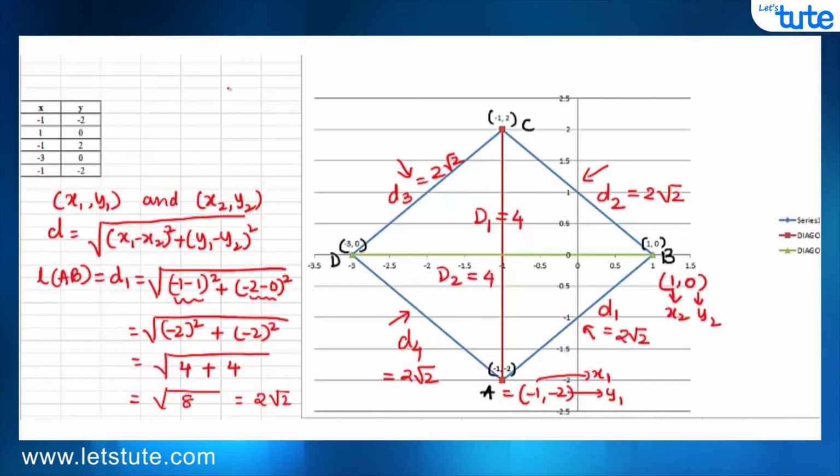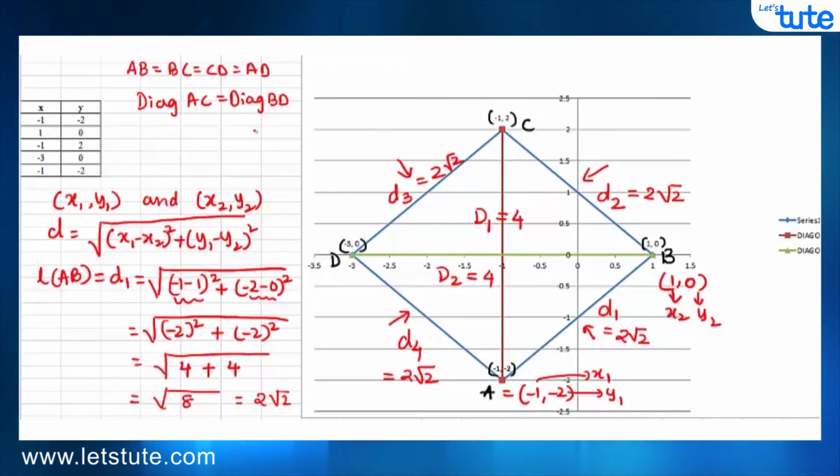So what we can understand here is, we got AB equals BC equals CD equals AD. That means all four sides are equal. And not only that, we got diagonal AC equals diagonal BD.